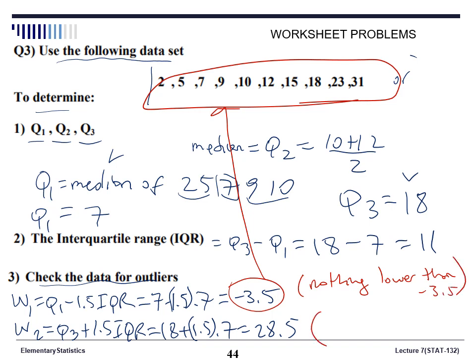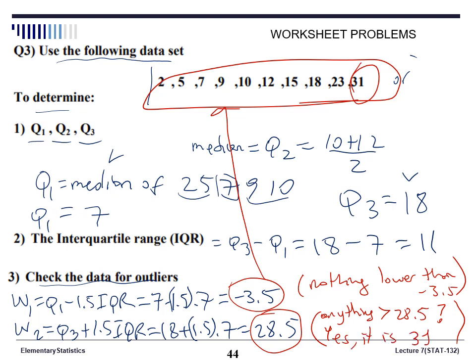But when it comes to the high outliers, let's ask this question: anything bigger than 28.5? Yes, we have 31. So 31 is the outlier here, the only outlier, and it's a high outlier.